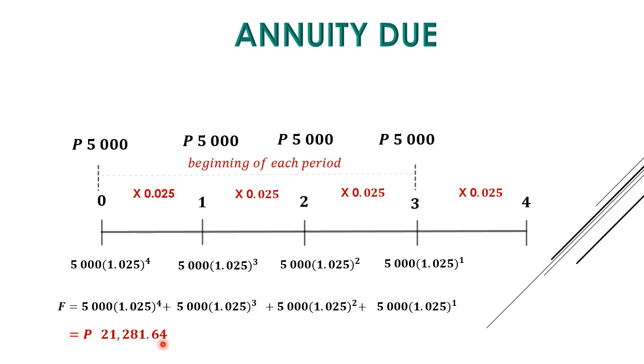So it means that the future value of our annuity due with 5,000 as a periodic payment is 21,281.64 pesos. Alright, if we compare the annuity due and the ordinary annuity, the greater amount is the annuity due, because there are more interests that need to be covered, right?